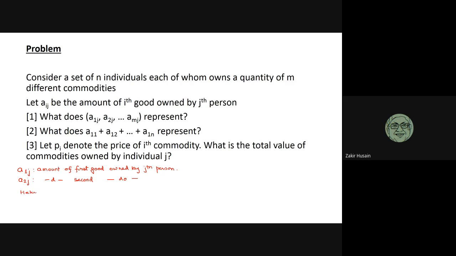The problem is that the units are different. Suppose A1j is tea, so this will be in kilograms. Let us say this is milk, so this is in liters. Let us say the third commodity is bread, so it will be in number of loaves of bread. So the units are heterogeneous, and therefore addition is not possible.